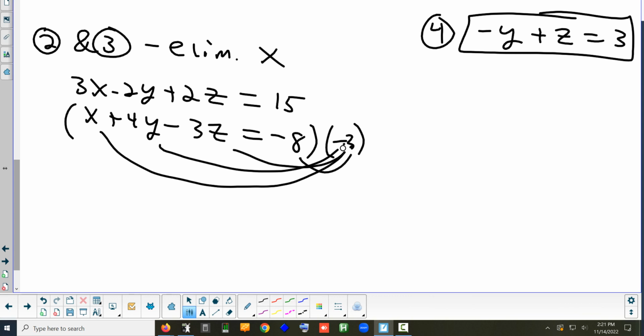So distribute that up. Okay, top stays the same. 3x negative 2y 2z equals 15. And Caleb, can you tell me when I multiply everything by negative 3, what I get in the bottom?